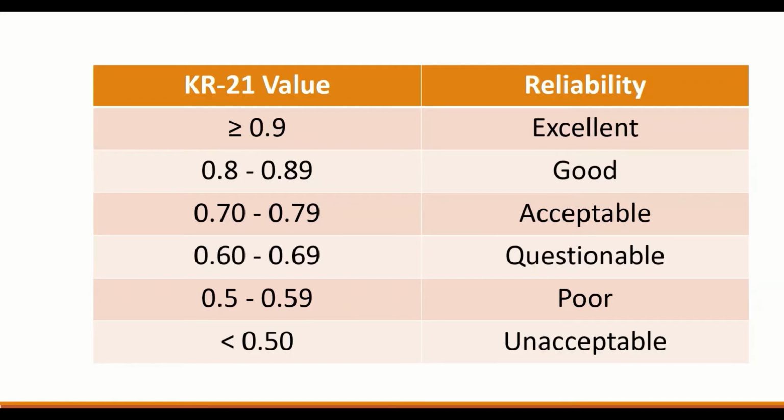A test will have poor reliability when the value is between 0.5 and 0.59, and a multiple choice question exam or test will have an unacceptable reliability, or is unreliable, when the value for the KR21 is less than 0.5.